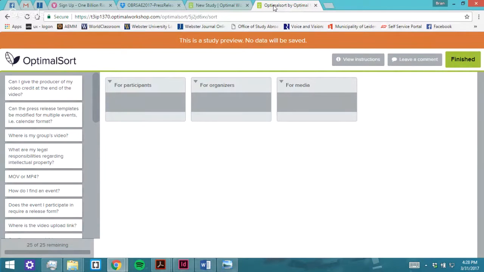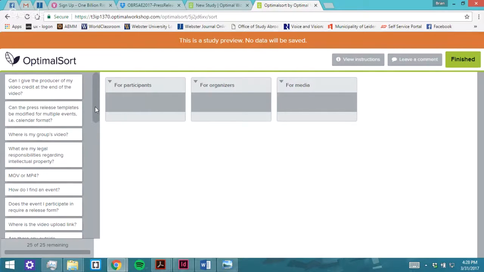These are my three user profiles right here: participants, organizer, and media. But I feel that my first go around was a little biased towards the organizer, and I think that reflects my coverage of the news piece I did on it originally, because I talked to a lot of organizers. And so I'm not coming at it as a user or an outside news guy enough.